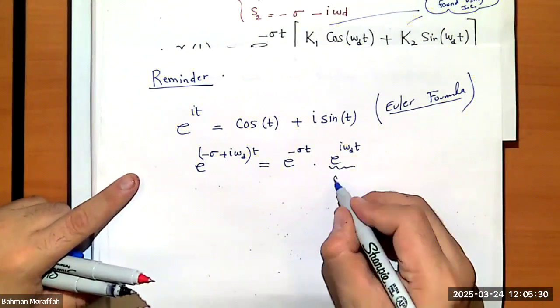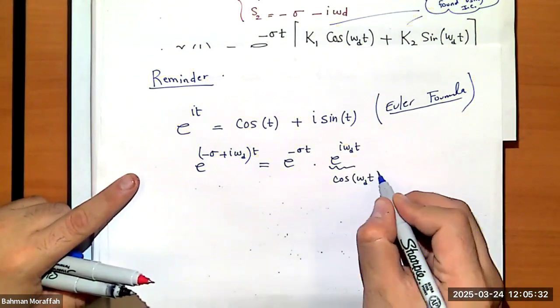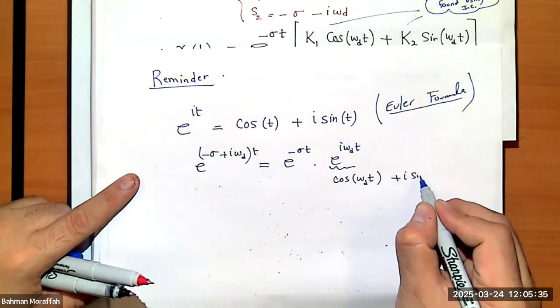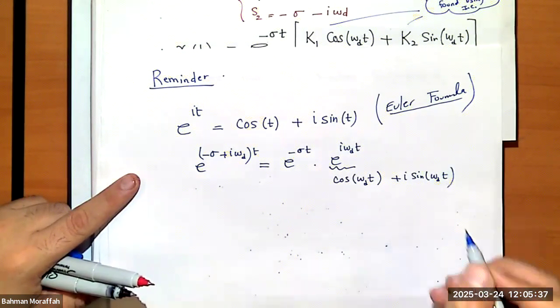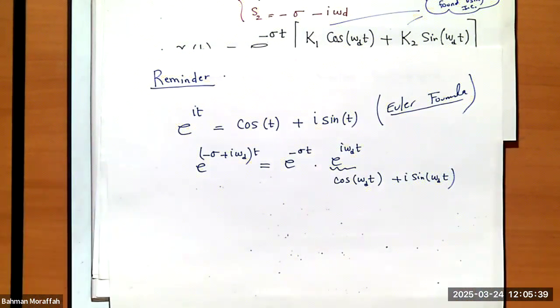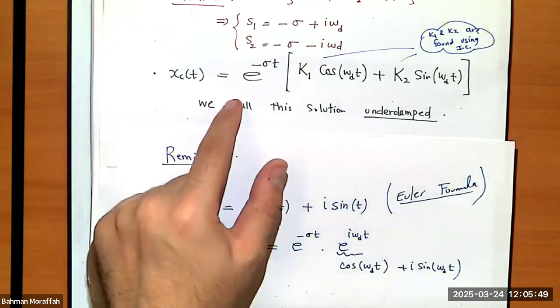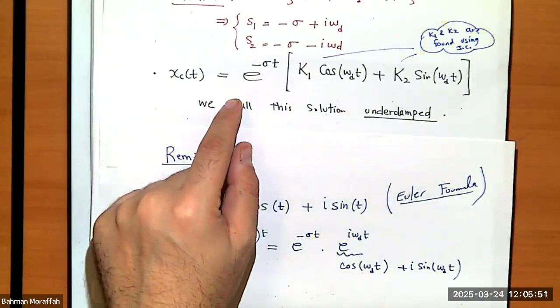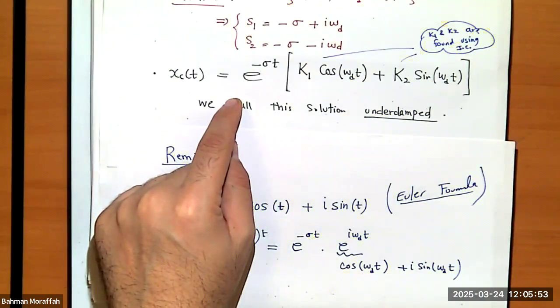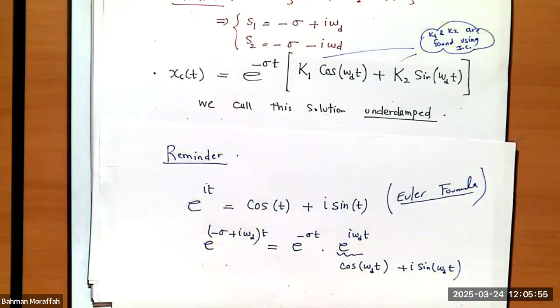And I can write this as cosine omega d t plus i sine omega d t. And since S1 and S2 are conjugates of each other, I'm going to end up getting the solution that looks like this.